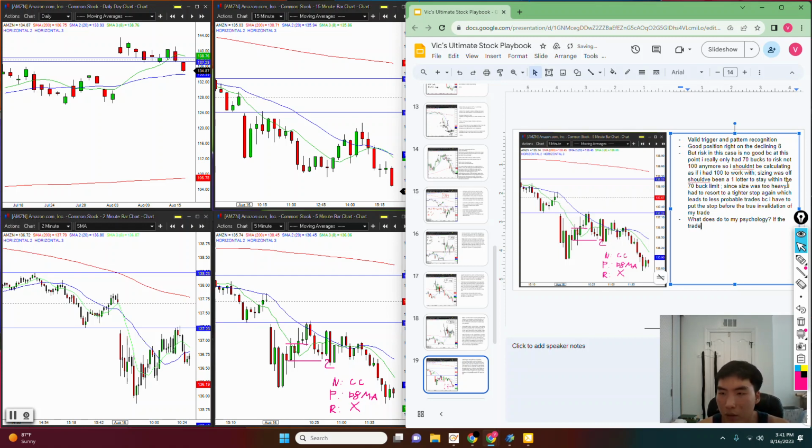If the trade ends up nicking me out at the tight stop, but never truly invalidates the trade setup at the proper stop, I would have had regret and FOMO sitting through the move going down.